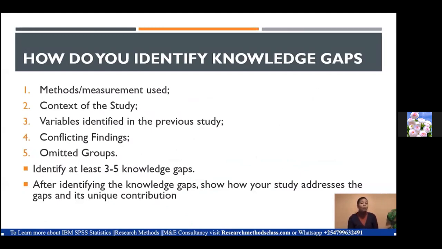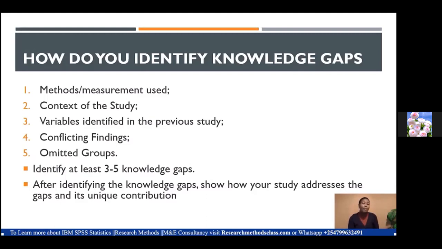For instance, the person may have used only a survey in their study, but you want to use mixed methods. Now, that is a knowledge gap, but you don't leave it at stating that the current study will use mixed methods. You need to give the reason why you feel that mixed methods would be the best method, better than the survey used by the material that you have referred to.